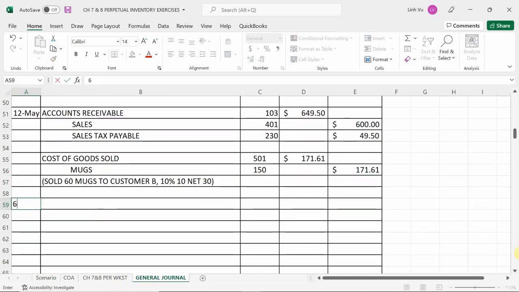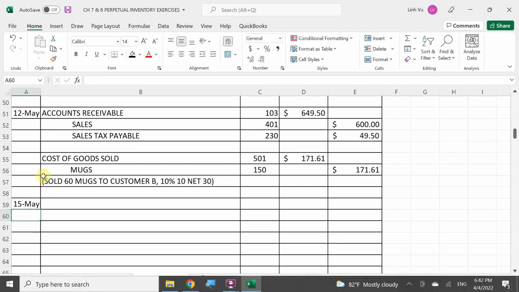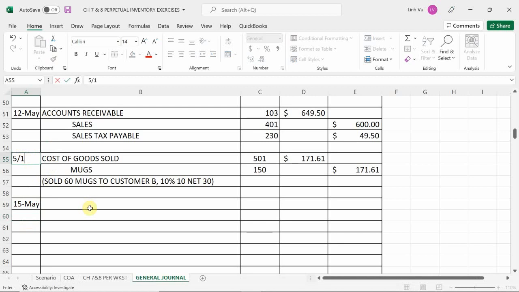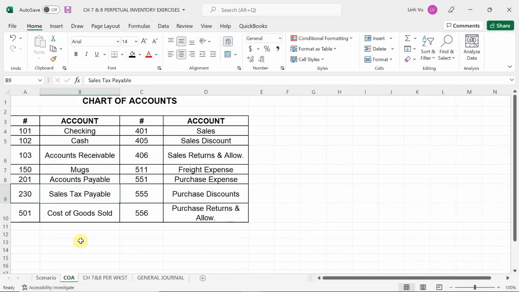So it is May 15. Let's take a look at the chart of accounts. This is sales returns and allowances, right? Because the customer's returning the product to us, instead of doing a reversal to sales, we're going to do a contra account using the sales returns and allowances.